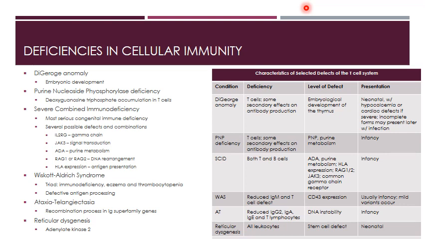You're going to have a major failure in antigen presentation. No antigen presentation, no immune response. Okay, no adaptive immune response. So these are the major issues that come up with patients with SCID.